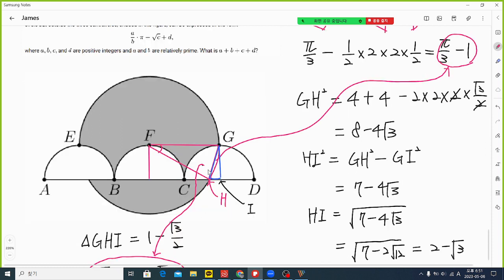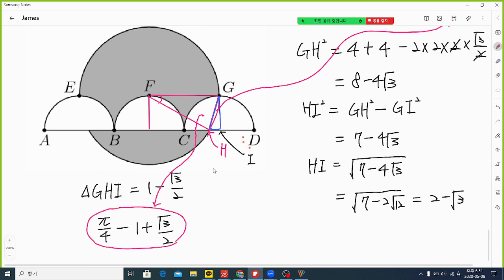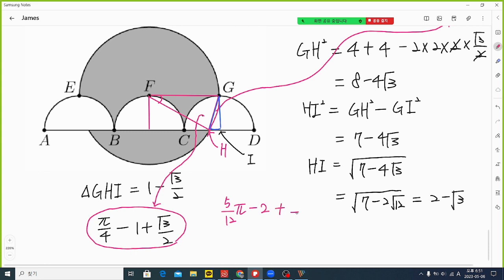So when we add these two, the sum is, and then there is a quarter circle here, so we are adding one quarter circle, and that's half of the area that we are going to subtract, because there is a left half for the same area.